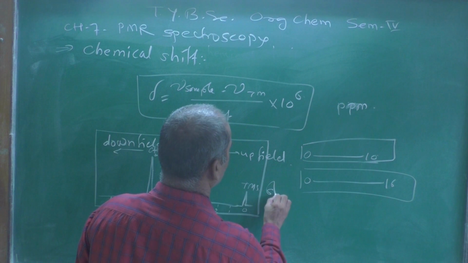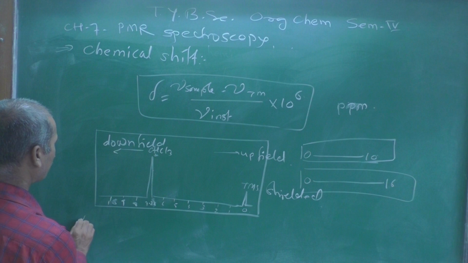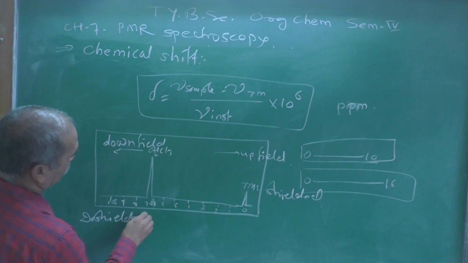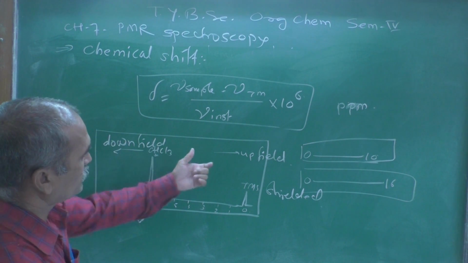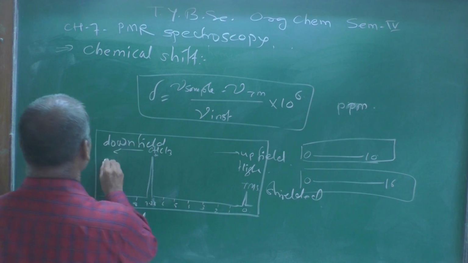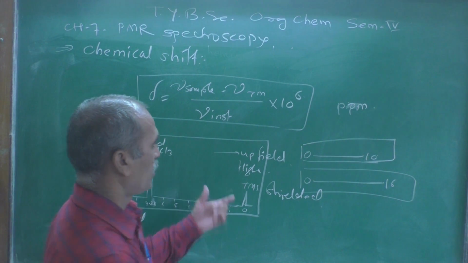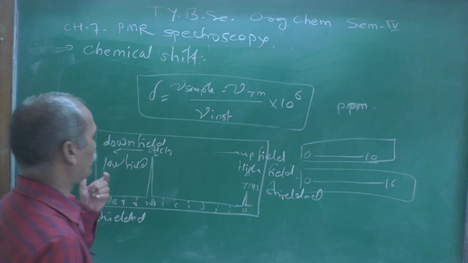This side is called shielded protons, and this side is called de-shielded protons. We can call this high field, or upfield, and this is called low field. Sometimes it is referred to as high field, sometimes as low field.